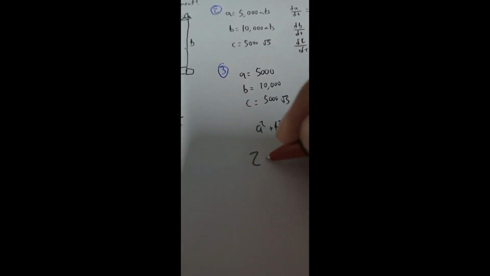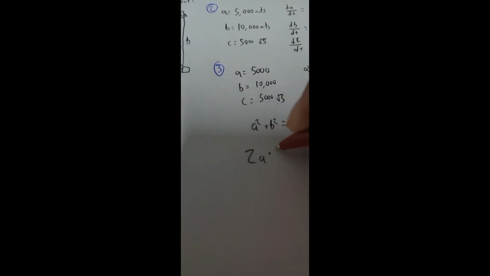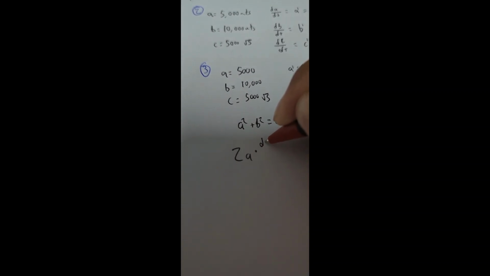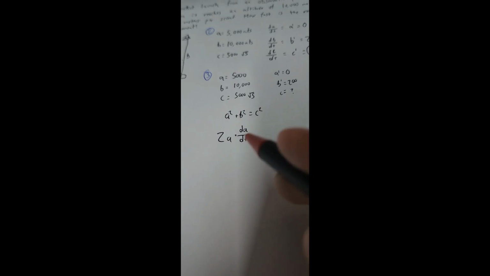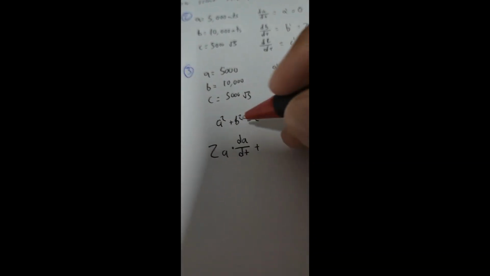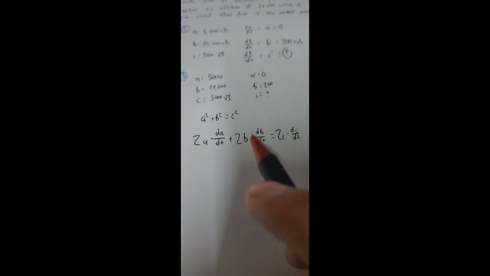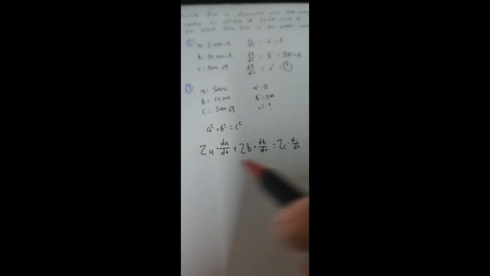So it's 2a times da/dt. We have now the derivative with respect to time, and we do the same for the other ones, A, B, and C. So there we have it, we have this formula right now that we can use.